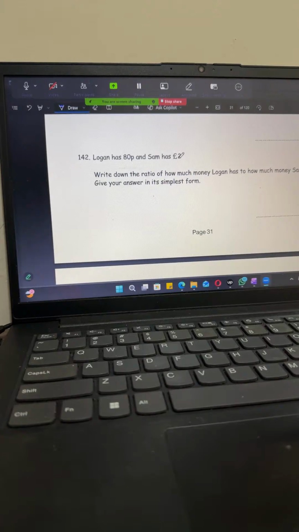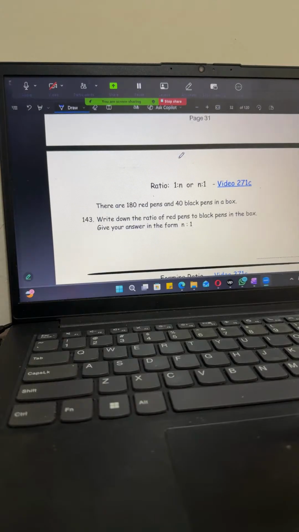Okay. And now you have to simplify it. So a common factor is 40. Well done. 80 divided by 40 is 2. 200 divided by 40 is 5. So 2 to 5. Well done.